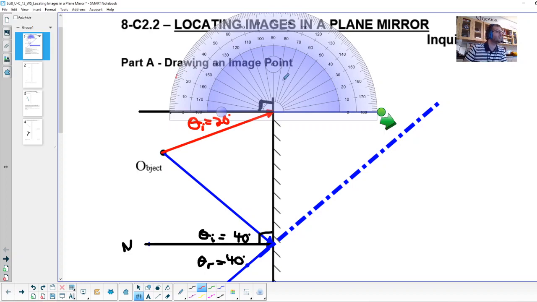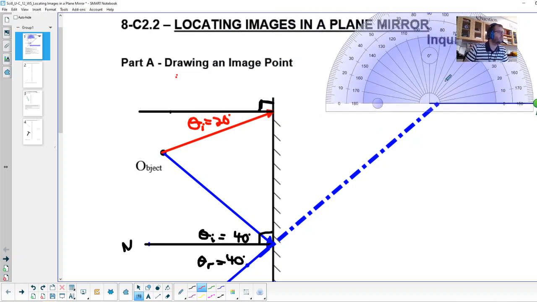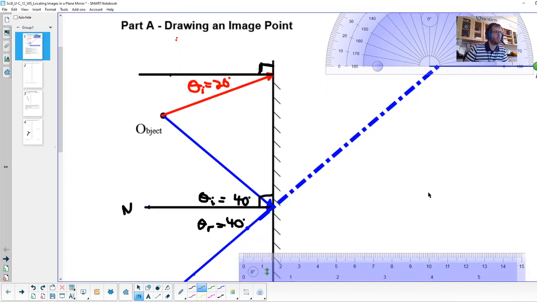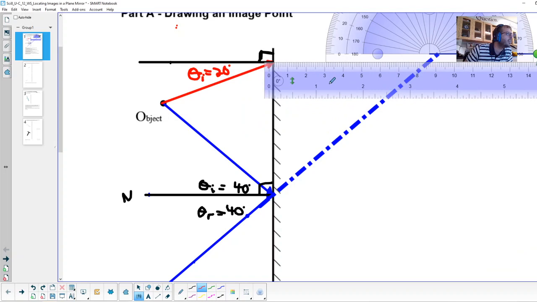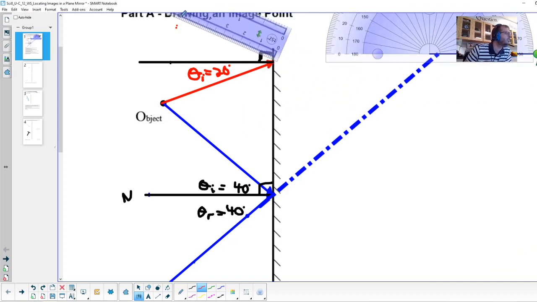Oh, there's 21, so it's going to be somewhere right in between that. Where did I leave my ruler? There it is. And since I know that is an exact point, I'll simply do this. And it's just kind of in between there. So that is my reflected ray.